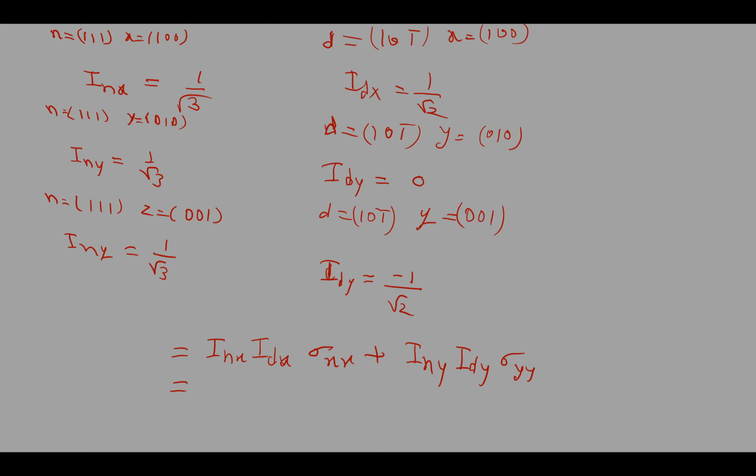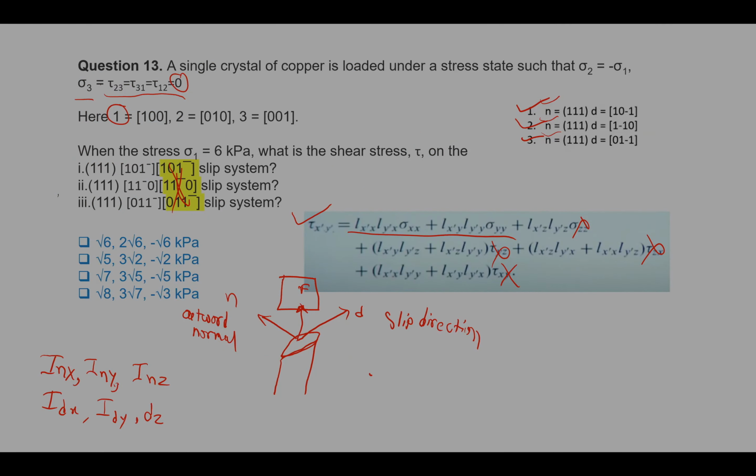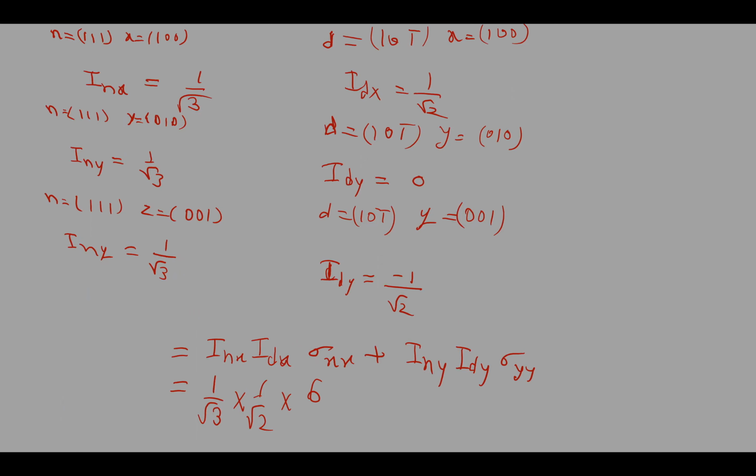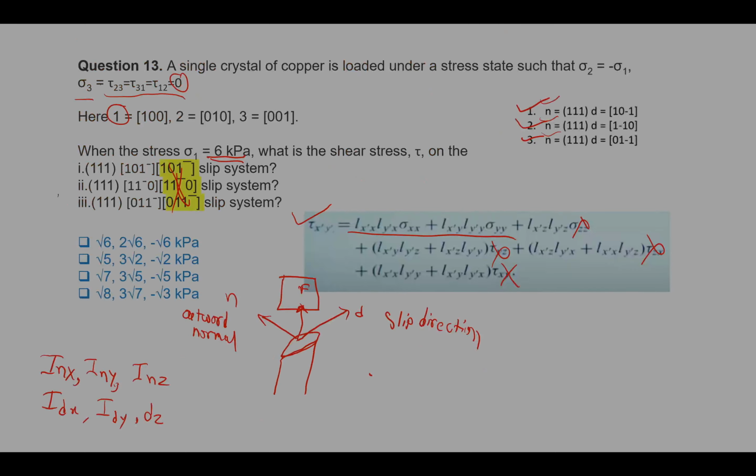So here we can write down 1 by root 2 root 3 into 1 by root 2 into sigma. Sigma is stress that is already given, that is 6 kilopascal.